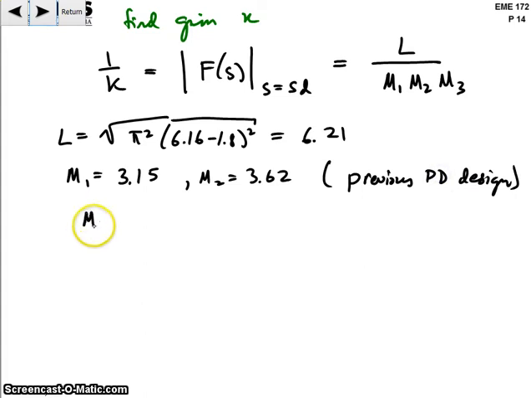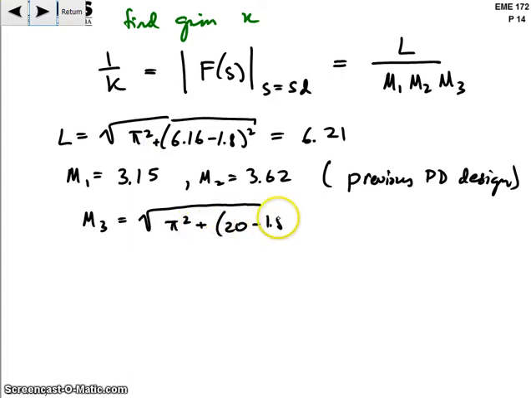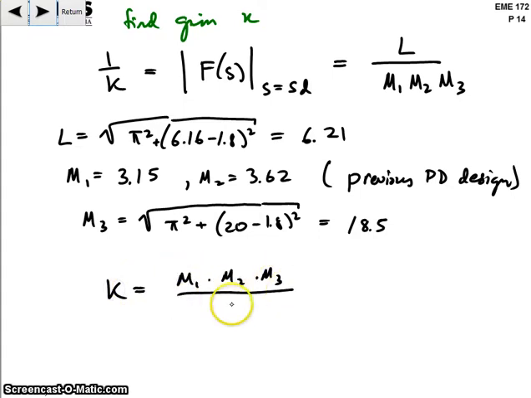And M3 is the length of the vector to the new pole. So it's the square root of pi squared plus (20 minus 1.8) squared. So that's 18.5. And so if I solve this now, I get K is equal to M1 times M2 times M3 over L, and I get 18.5.